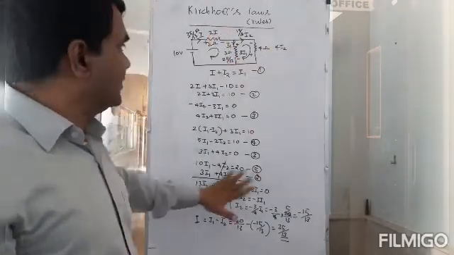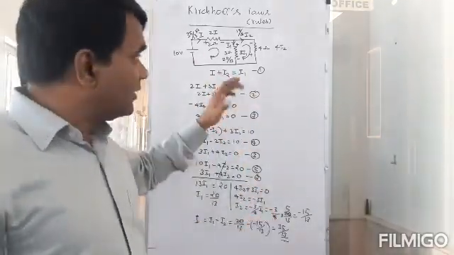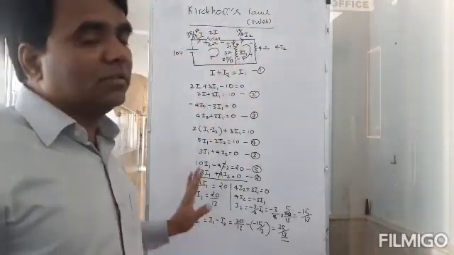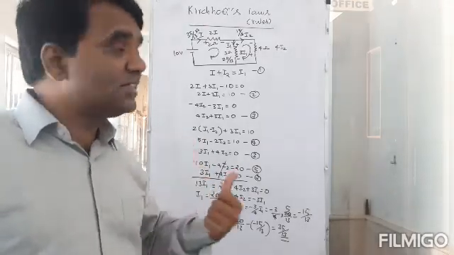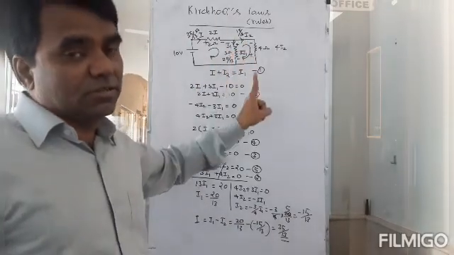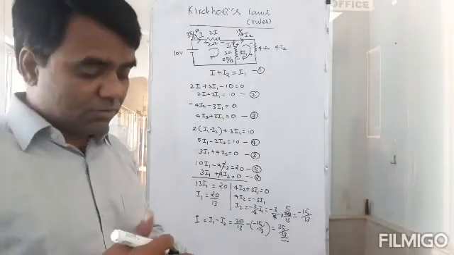So whether I do it the previous way or this way, I will have the same results. The only thing we need to remember is if I get a negative number, I just have to change the direction of that current. That's it. Everything else will be okay.